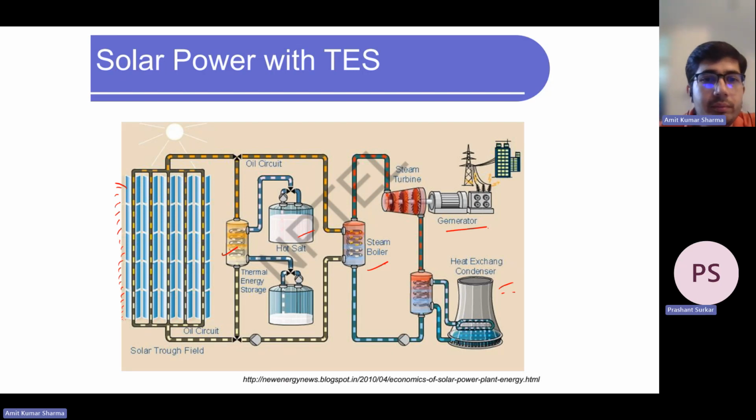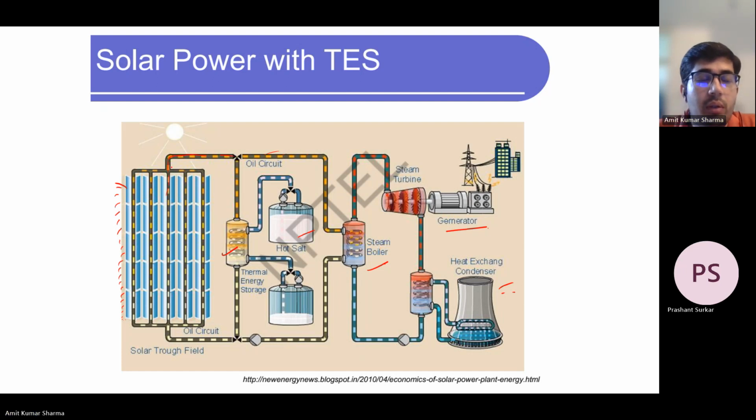Basically, you can see that there is a fluid passing through these pipes. The solar energy is giving heat to these pipes, and the fluid is flowing through this circuit.